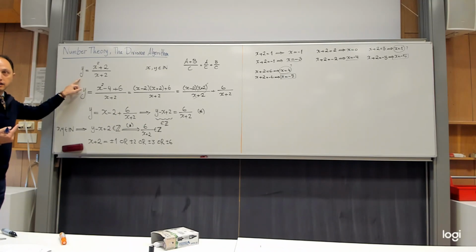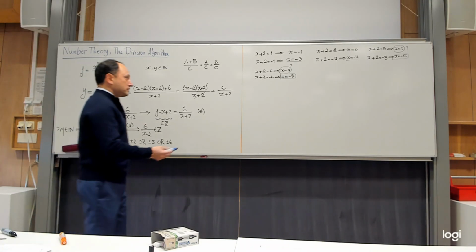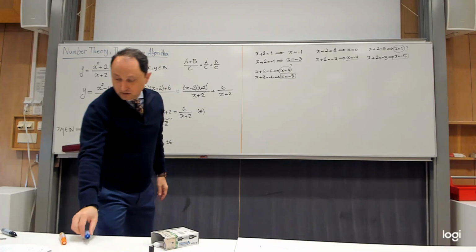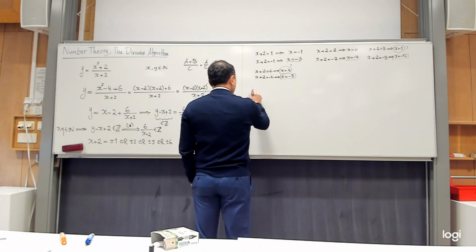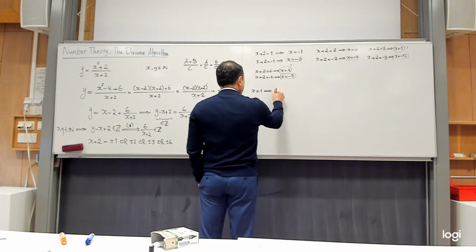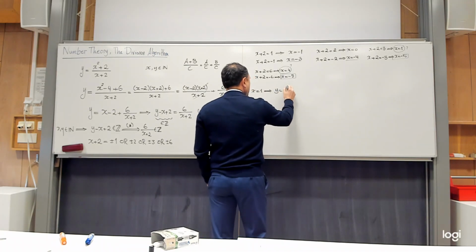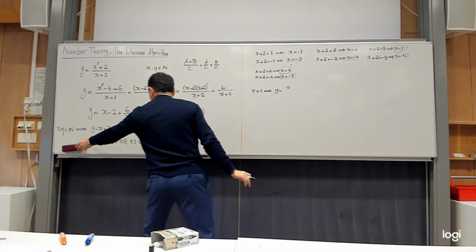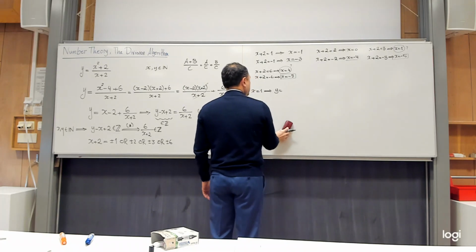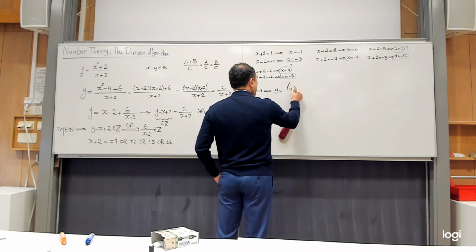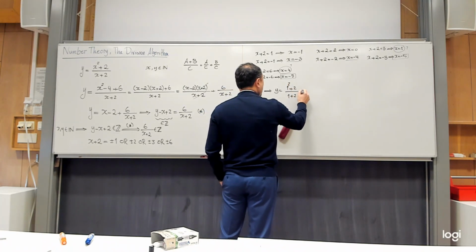I get 1 again. So that is an acceptable choice. If I put x equal to 1, then this is 1 to the power 2 plus 2 divided by 1 plus 2, which is 1.